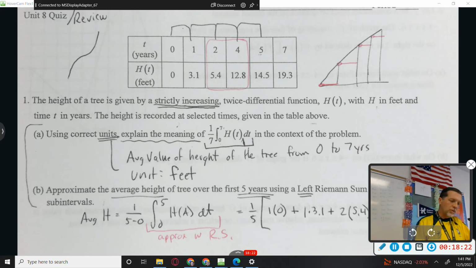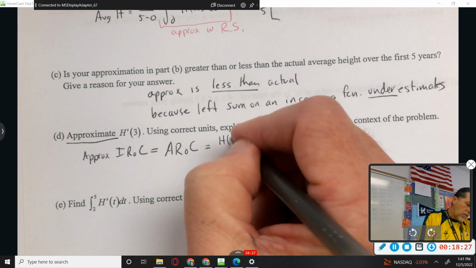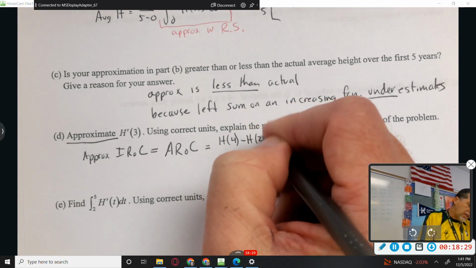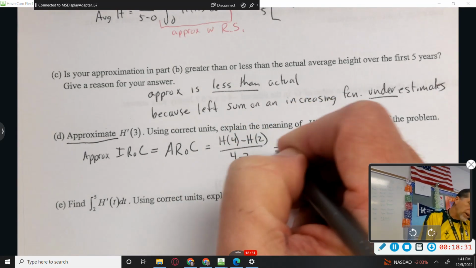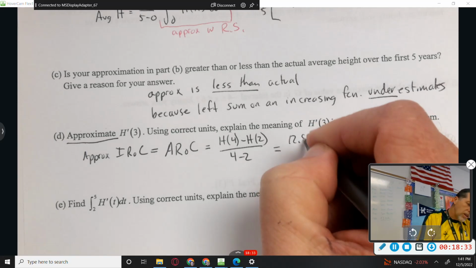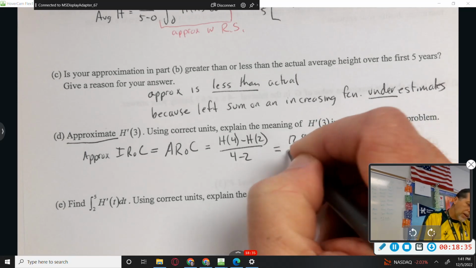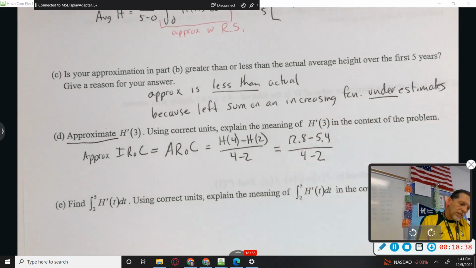But 2 to 4 is probably our best bet there. H of 4 minus h of 2 over 4 minus 2. 12.8 minus 5.4 over 4 minus 2.